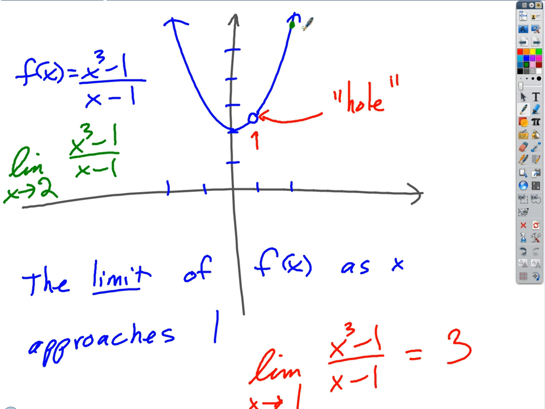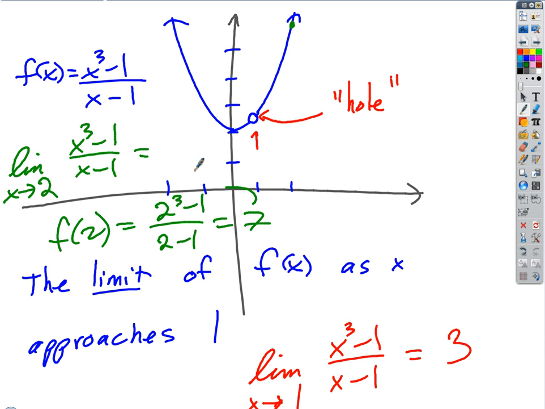And that's a really easy point to determine just by evaluating the function there. Make sense? Okay. So this time we lucked out. This is just equal to, if I evaluate this at 2, because f of 2 is 2 cubed minus 1 over 2 minus 1, which is 7, that's where he's going to be. He's not going to get tricked this time. He's going to step where he thinks he's going to step.